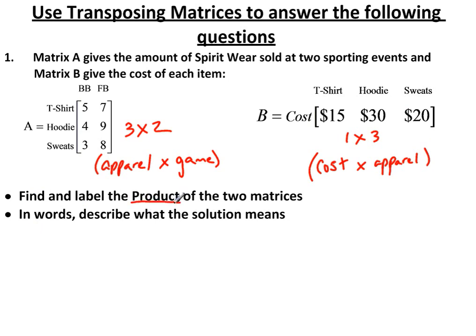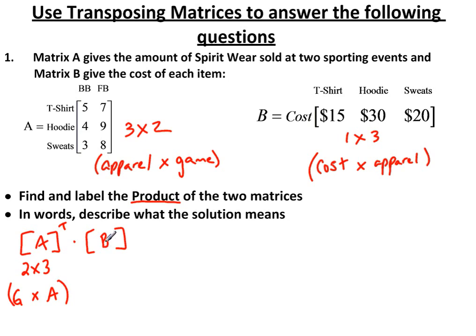If I look at matrix A and matrix B right now, I can't multiply them the way they are. If I write matrix A times matrix B, this is not going to work because I can't multiply a 3 by 2 by a 1 by 3. But if I transpose this matrix by putting a little t here, that becomes a 2 by 3 matrix. And that flips it. Now it's game by the apparel.